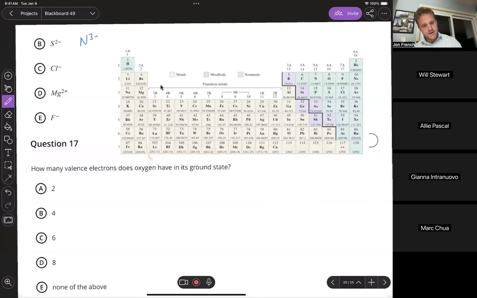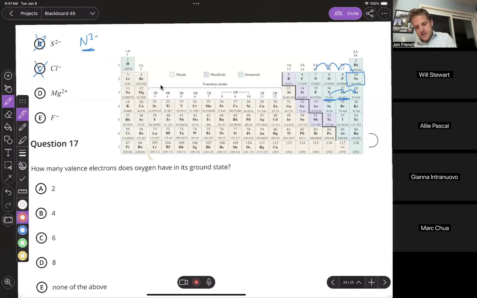So nitride, nitrogen 3 minus. So we gain 1, 2, 3 electrons. That would take us to neon. Sulfide 2 minus, chloride 1 minus, those take us to argon. So that couldn't be it. Fluoride minus 1, we gain an electron.